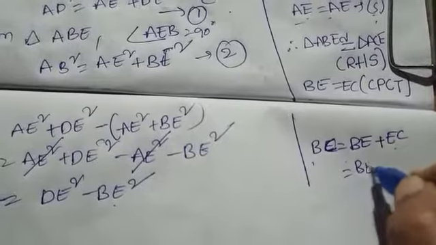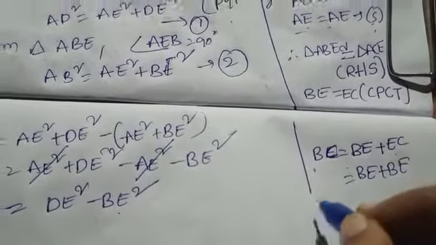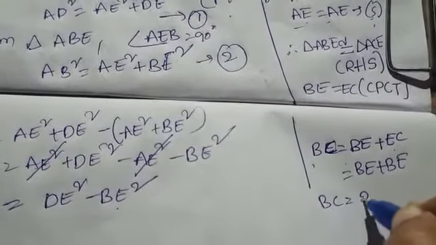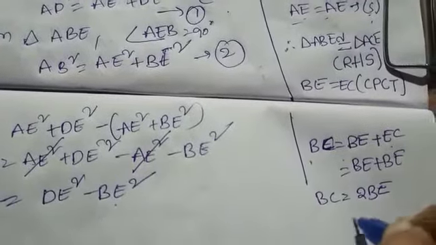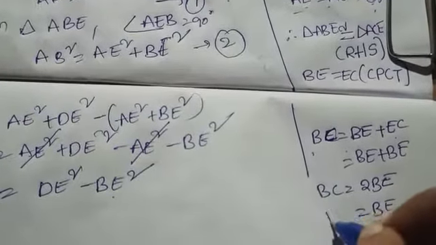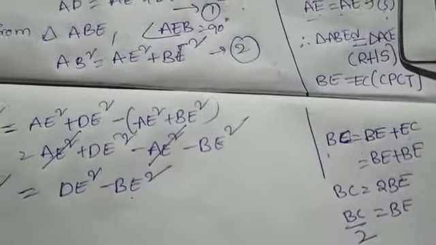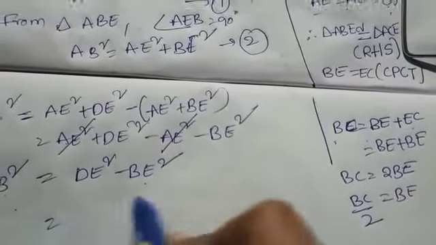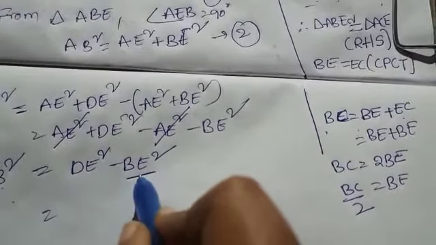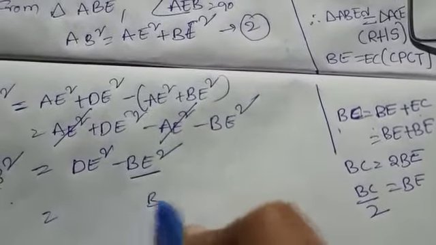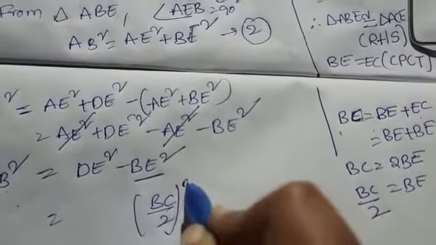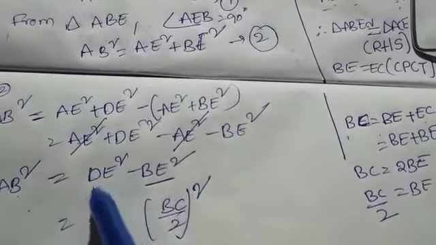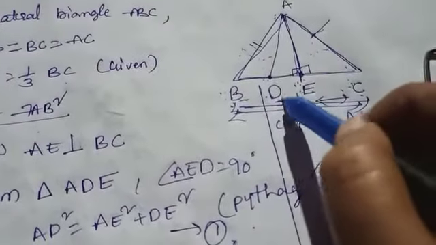In place of EC we write BE. BC equal to 2BE. Here BE equal to BC by 2. In place of BE square we write BC by 2 whole square. Next, DE square.